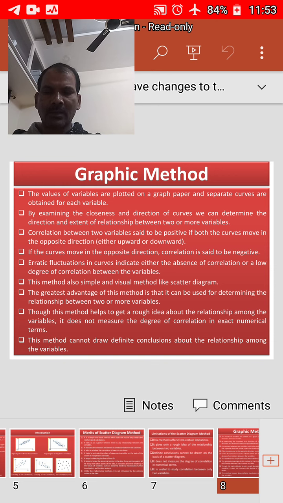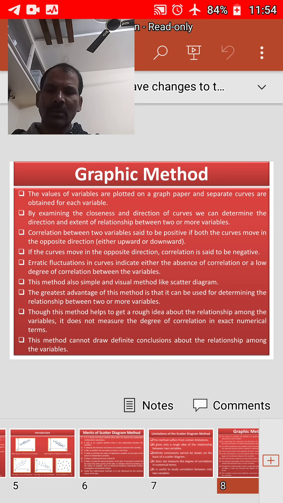Whereas if the curves move in the opposite direction, the correlation is said to be negative. In positive correlation, the variables move in the same direction, either upward or downward.